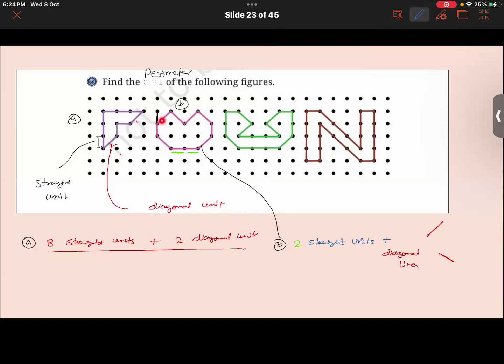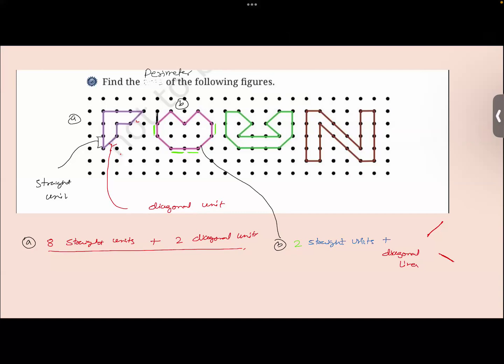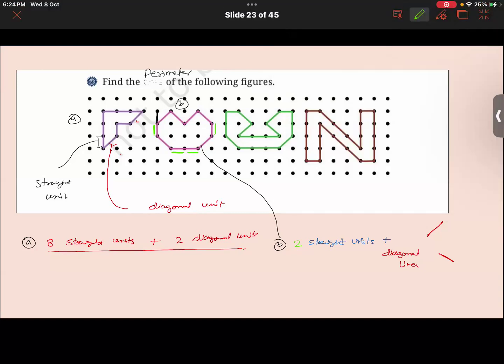Count it with me. One, two, three, four, five, six, seven, eight. Oh, hold on. There are actually four straight units. We missed these two, which should also be included. So there are a total of four straight units in this, and a total of six diagonal units.